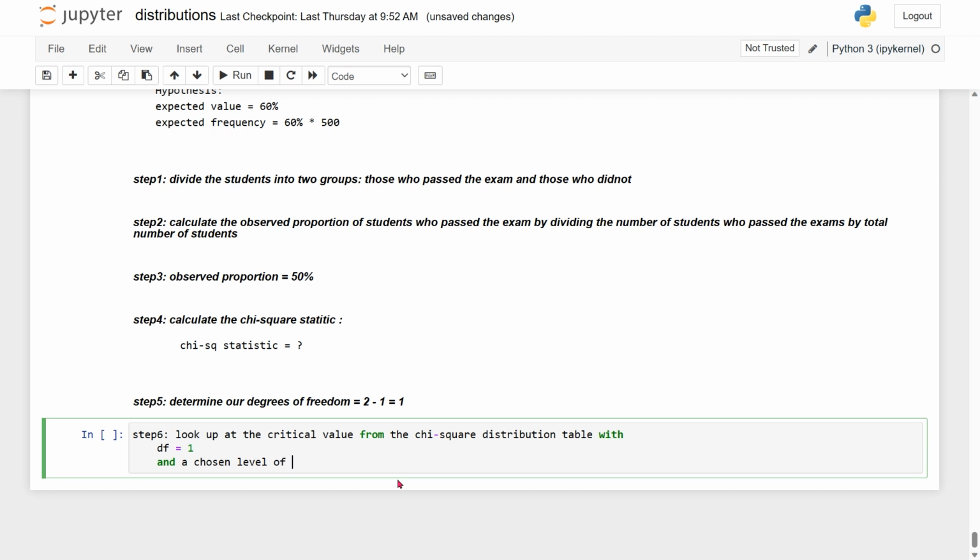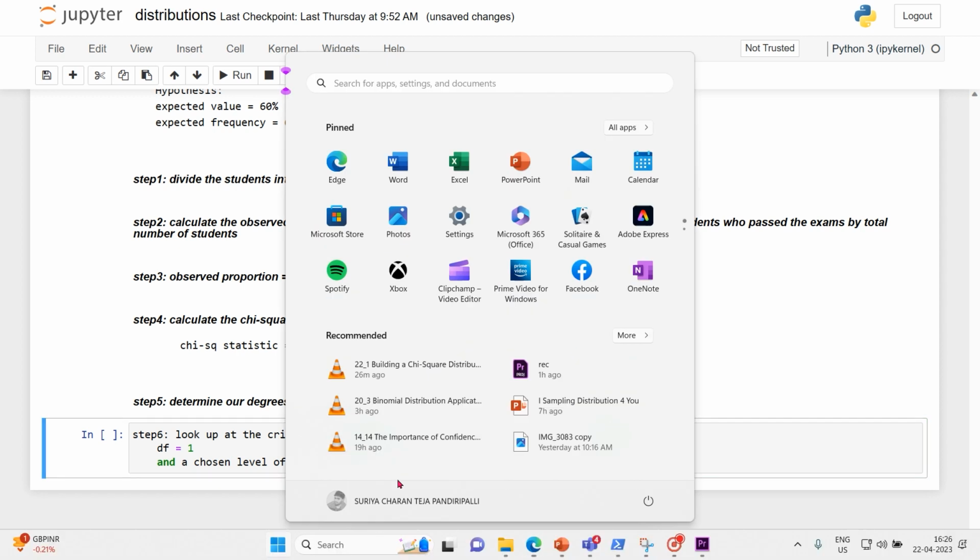I want to go for the level of significance of 5%. Level of significance of 5%. So let me see now.